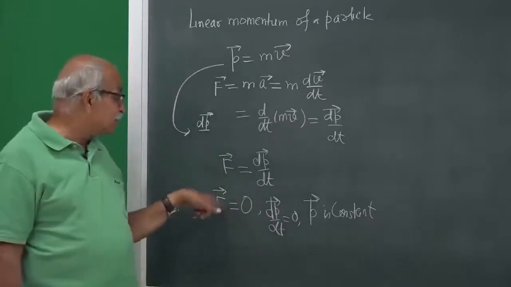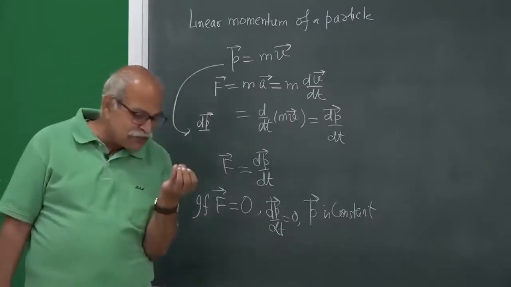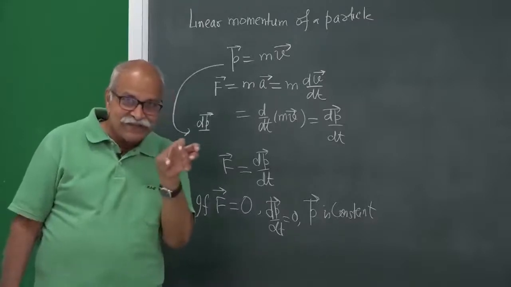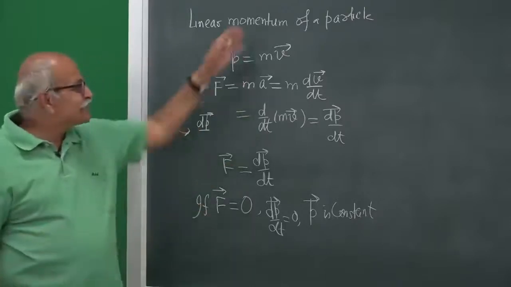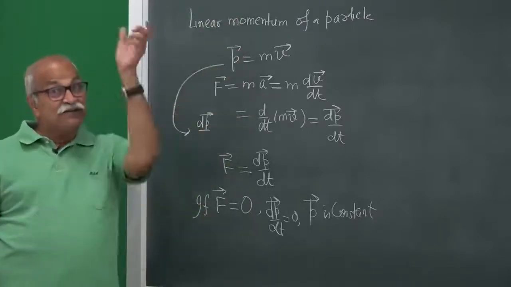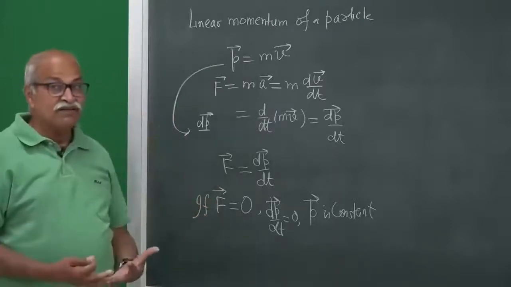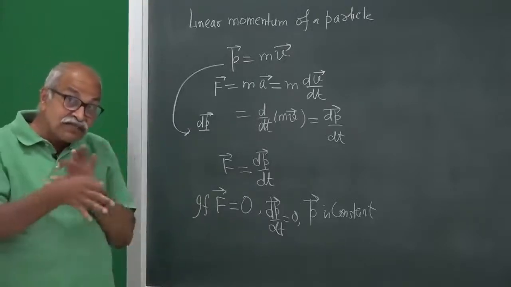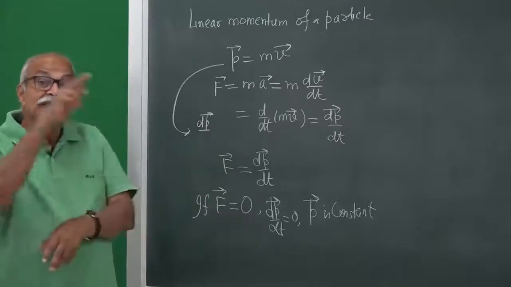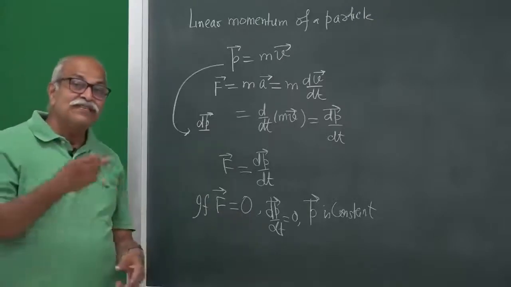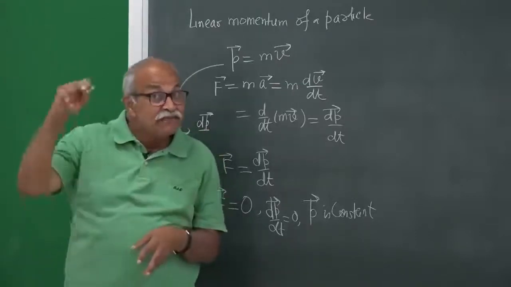So far I am not talking of external or internal forces. It is one particle and I am absolutely not interested in what is going on inside, so any force on this is external. That is why I have not used the word external force so far. But once you go to a system of particles where different parts of the system can exert forces on each other, those forces are called internal forces, and any force coming from something other than this system is an external force.